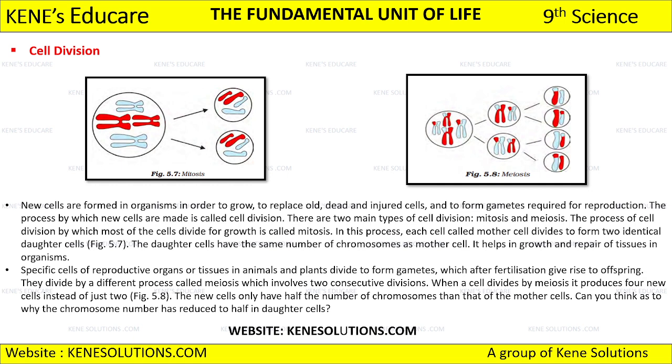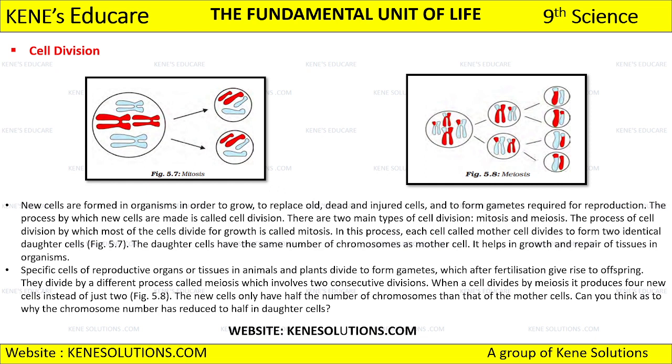Meiosis happens in certain specific cells of the reproductive organs or tissues in plants and animals, and if those cells divide to form gametes, then meiosis plays an important role. Which after fertilization give rise to offspring, and they divide by a process called meiosis.